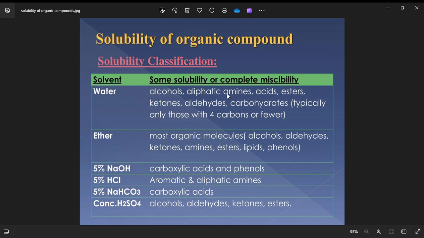Now, you can also look at alcohols and co. In fact, alcohols, aliphatic amines, acids, esters, ketones, aldehydes, carbohydrates, all those organic compounds with fewer than 4 carbons, they will dissolve in water. But water is not actually what will give you the specific identification. It is the other solvents, especially your sodium hydroxide, your HCl, your sodium hydrogen carbonate.